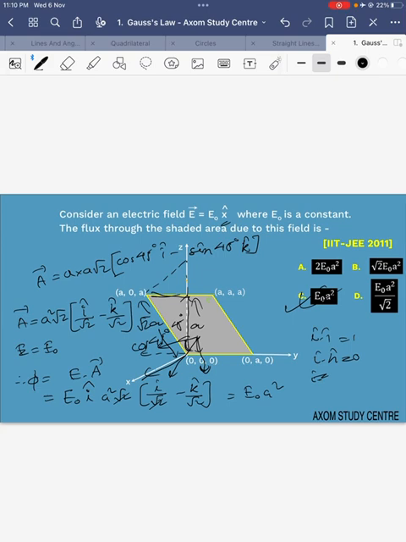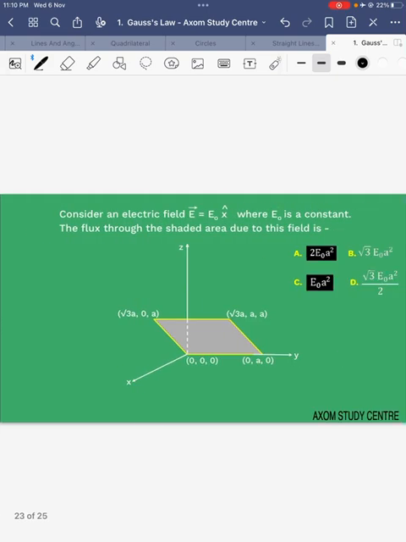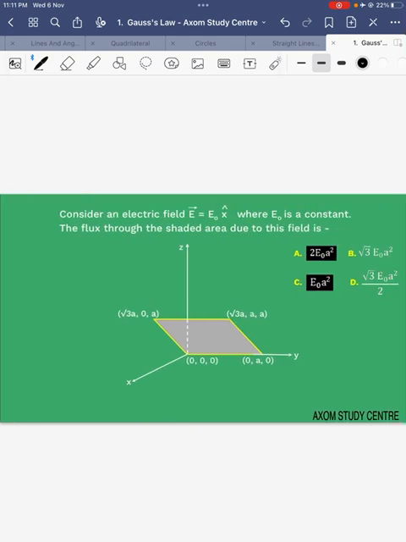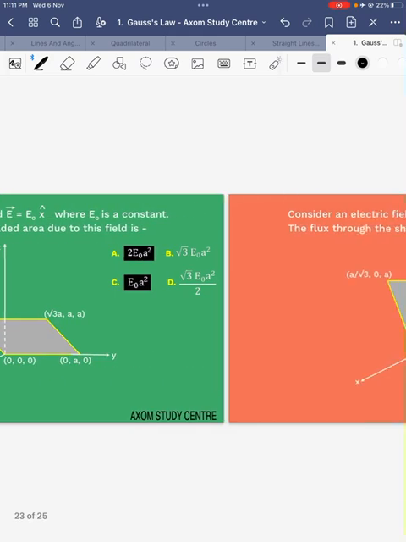Next problem. The next problem is similar to the first problem only. Here only the coordinates are different.